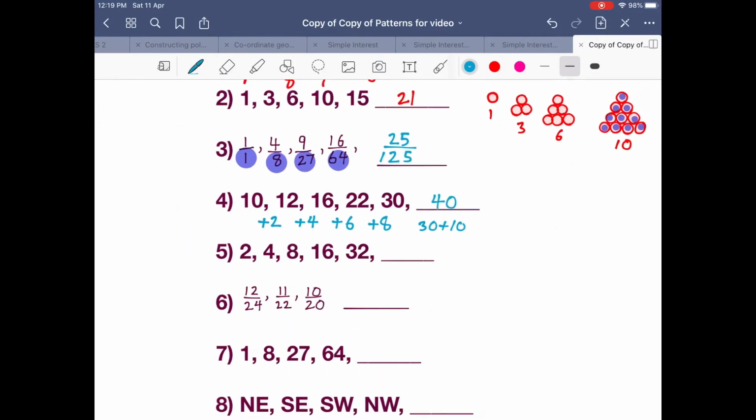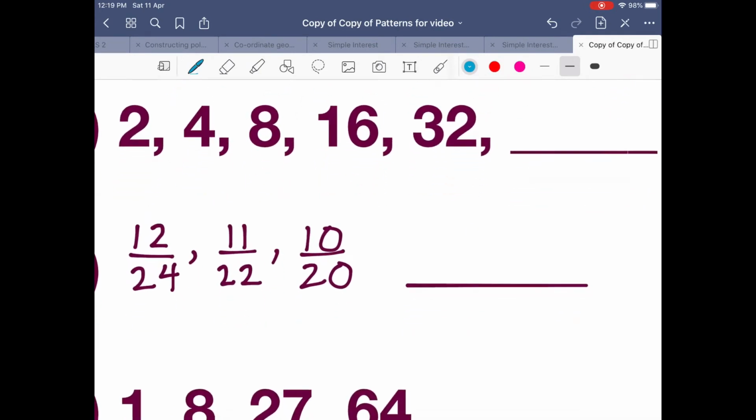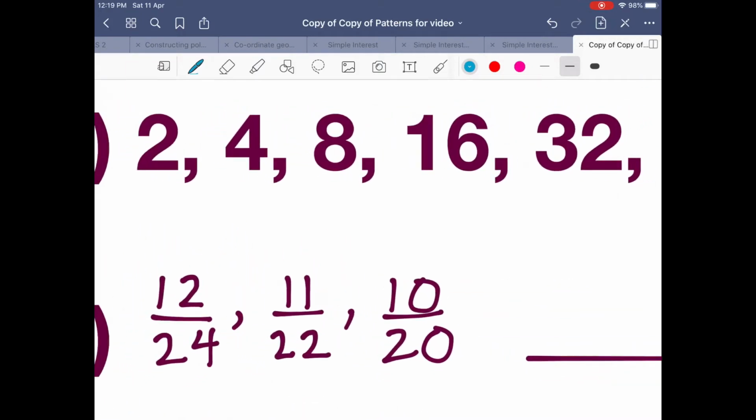Okay, next we have 2. Now we know 2 times 2, or 2 squared, is equal to 4. We know that 4 times 2 is 8, or 2 cubed is equal to 8.